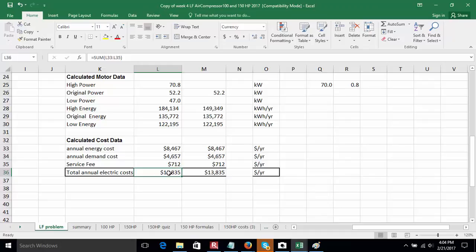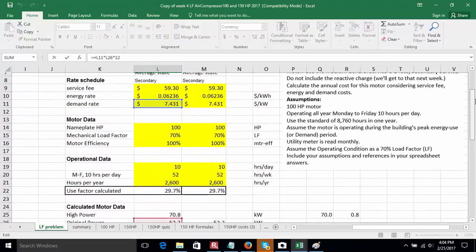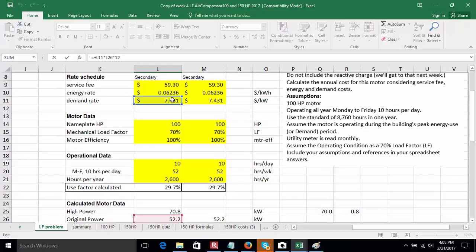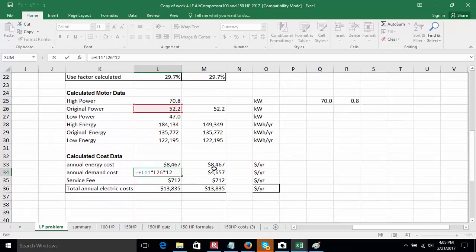So, okay, let's just let that sit. I think we understand. So to recap, the service fee is straightforward. The energy cost is pretty straightforward. It's this demand cost that's a little wonky, but we realize that we're going to pay $7 per kilowatt times the number of kilowatts per month, and there's your 12.